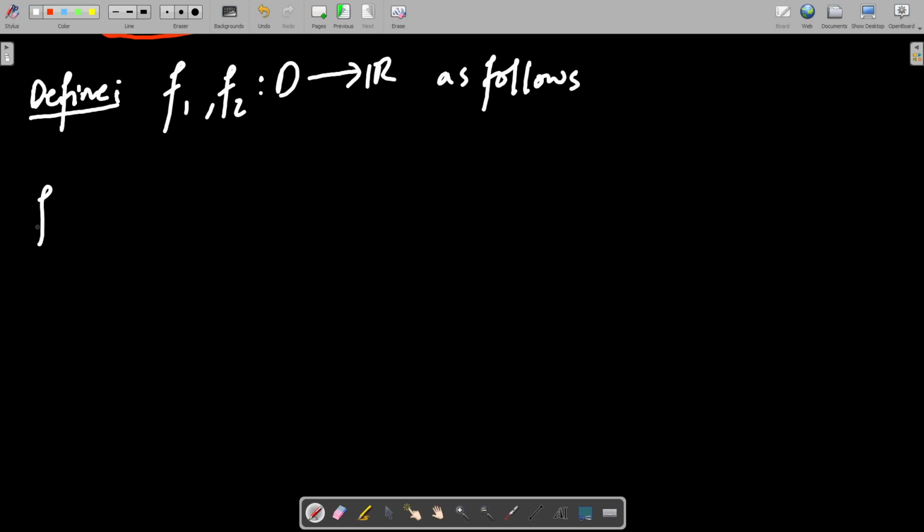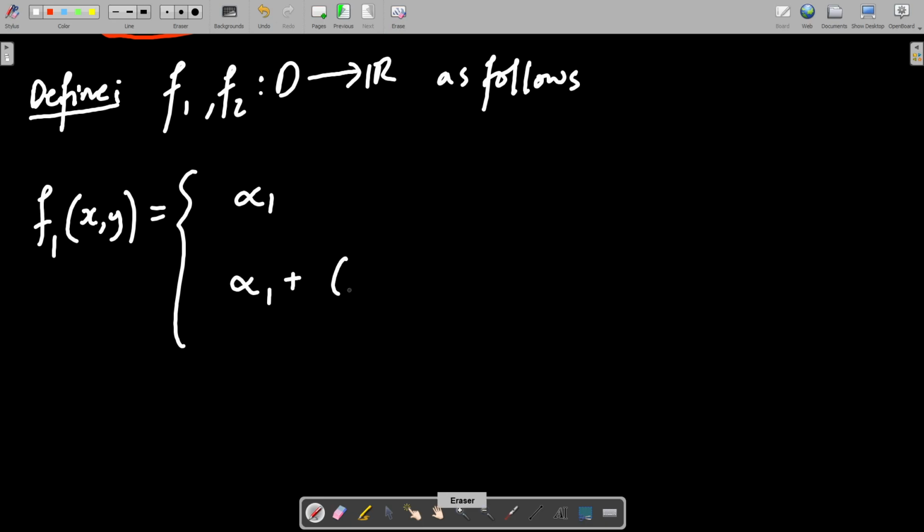f1 of x comma y is going to be defined as alpha 1 plus a big expression.